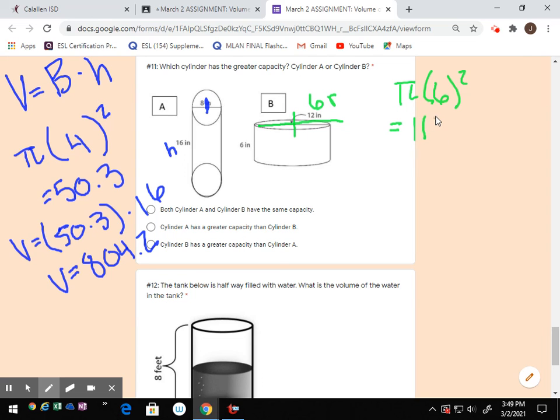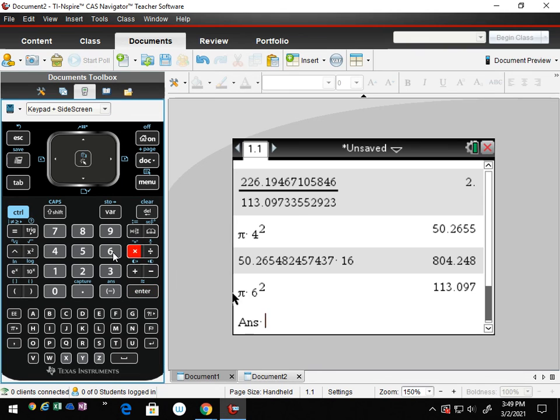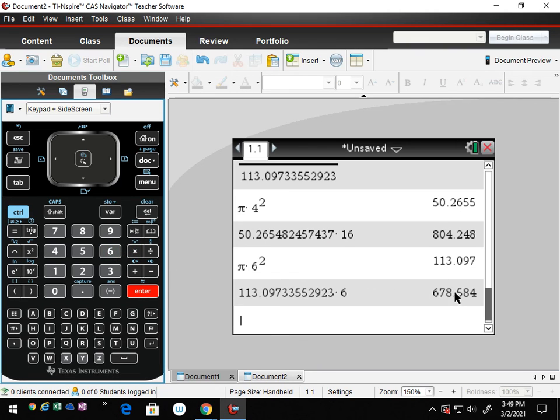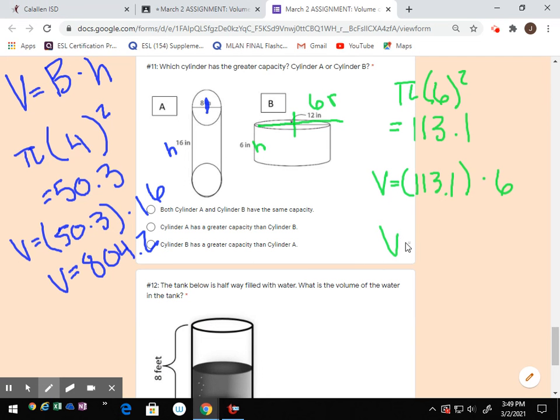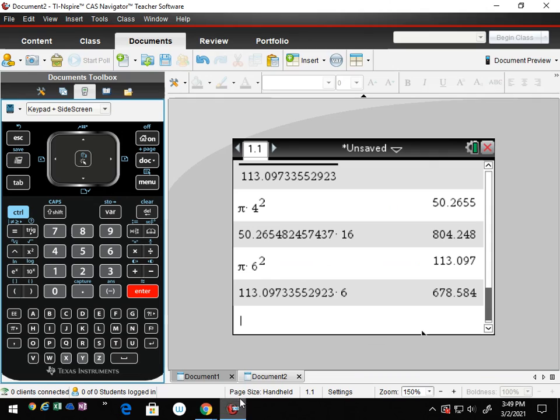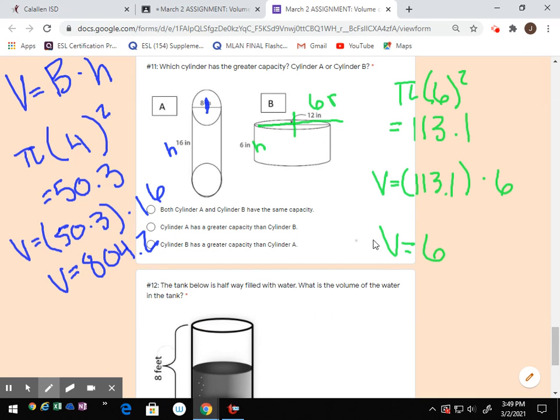So big B is 113.1. In our volume formula, we have 113.1 times our height, and the height for cylinder B is 6. So times 6, we get 678.5, or 678.6 if we round up.